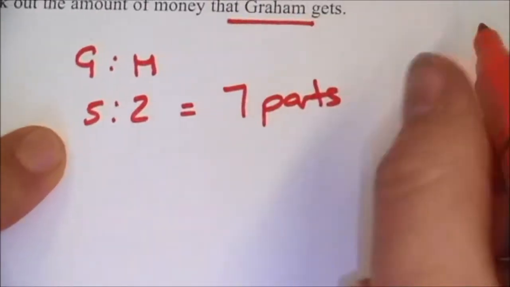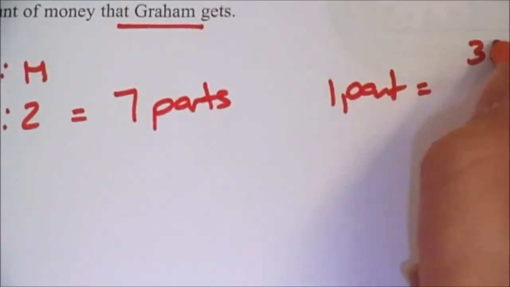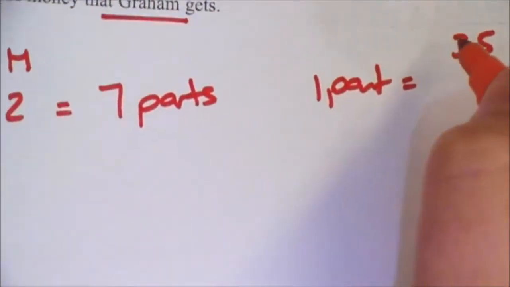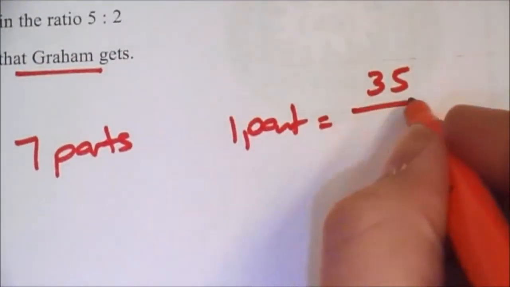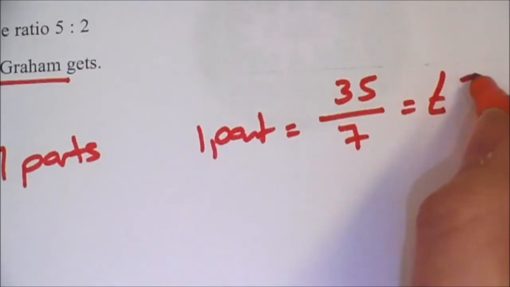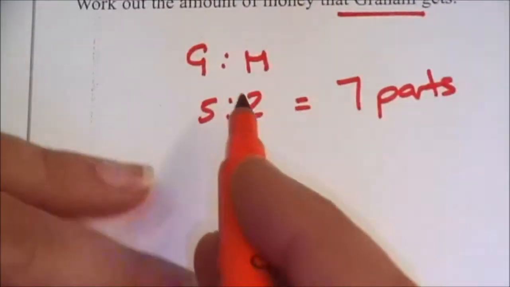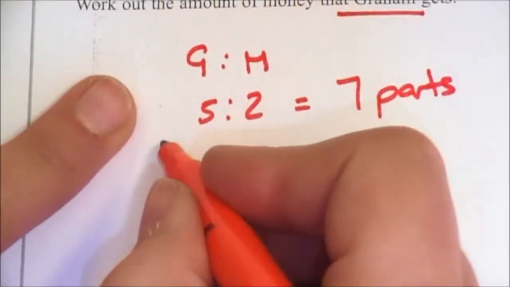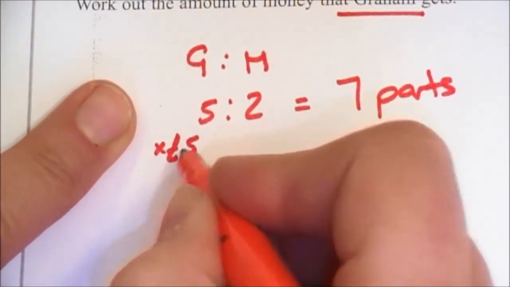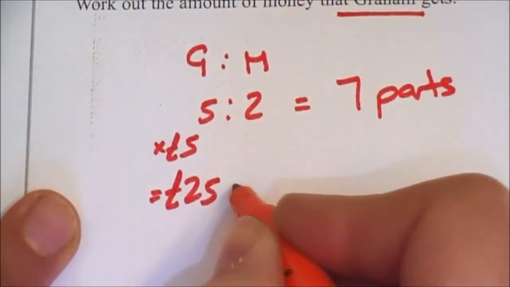Now I need to find out how much 1 part is worth. So there's £35, the total amount of money, divided by the 7 parts. That means that 1 part is worth £5. If 1 part is worth £5 and Graham's got 5 parts, it's 5 lots of £5, which gives Graham £25.